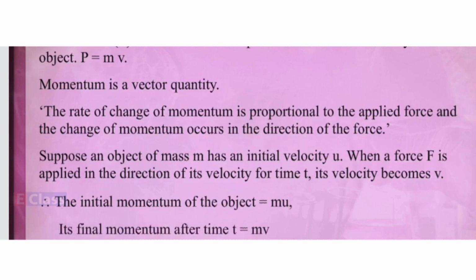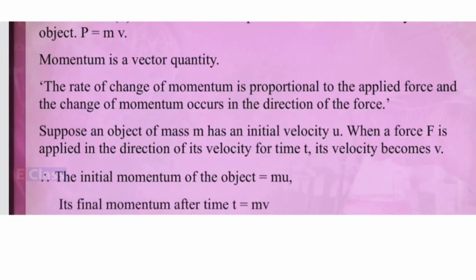Now what do you mean by rate of change of momentum? We will do it part by part. Now we know that momentum is mass into velocity. So change in the momentum means there should be some initial momentum and some final momentum, right?